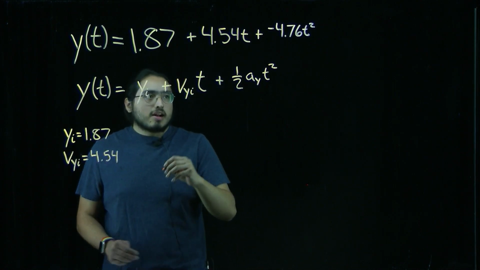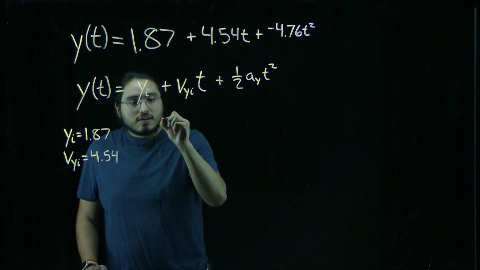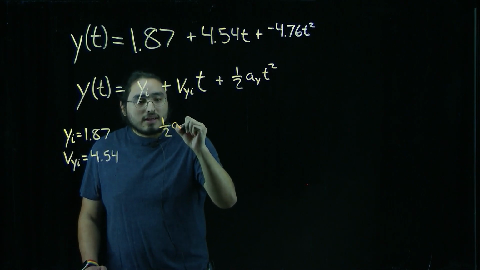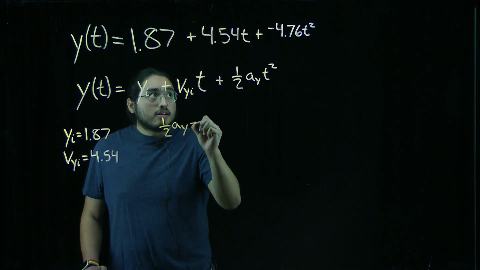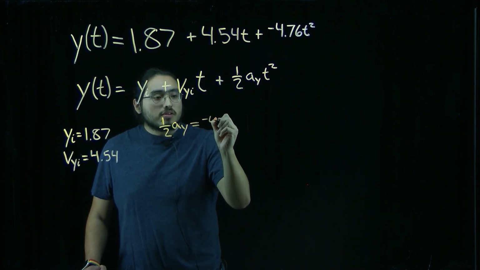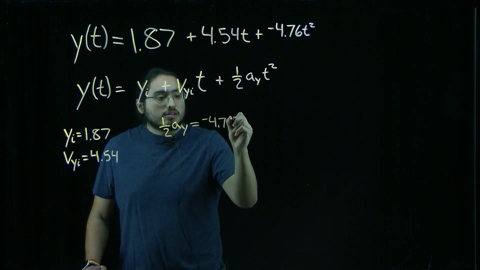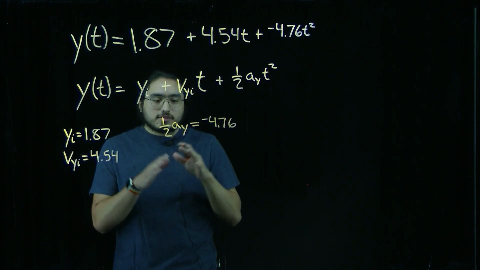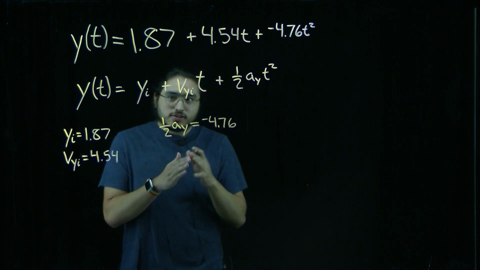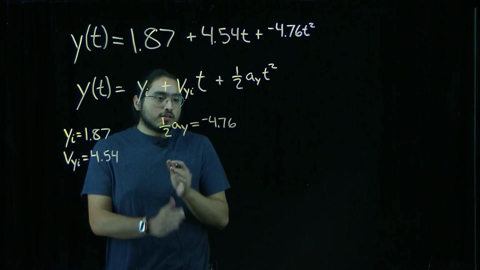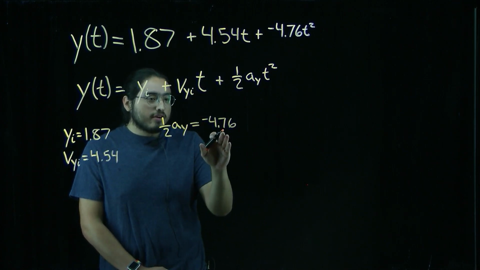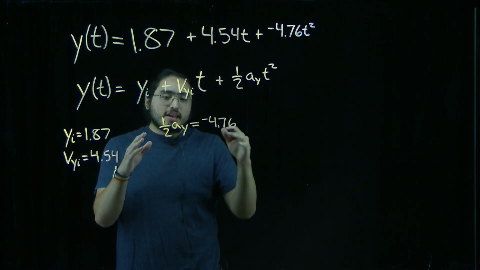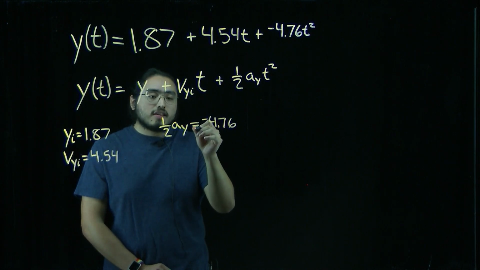So I'm going to move a little here on the right just so we can see. So I'm going to go 1/2 a_y, and it should be equal to minus 4.76. Now, hopefully you got to this math level to solve this, but if not, I got you. So we have this 1/2 here. Now we need to multiply both sides by 2 to isolate and just get the acceleration.